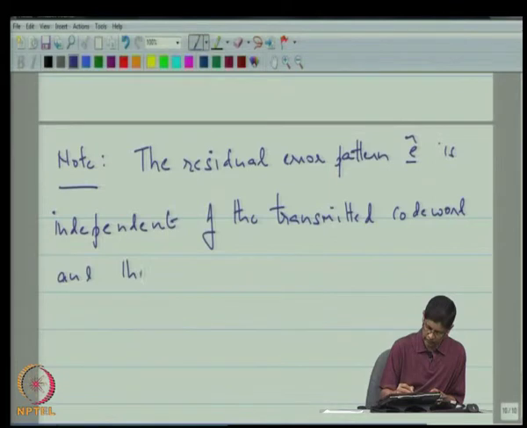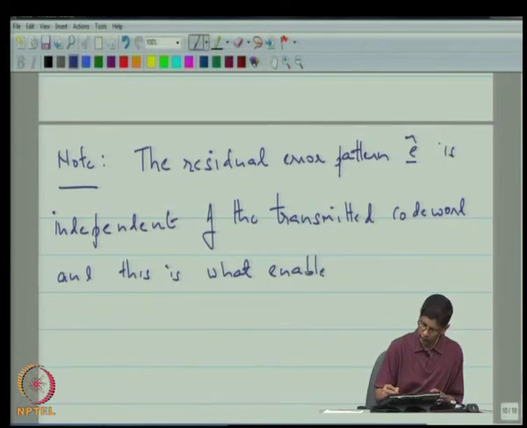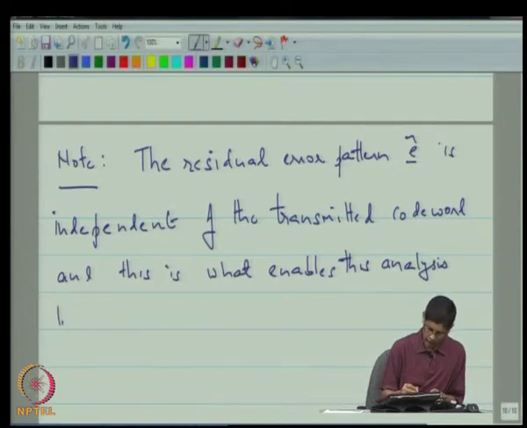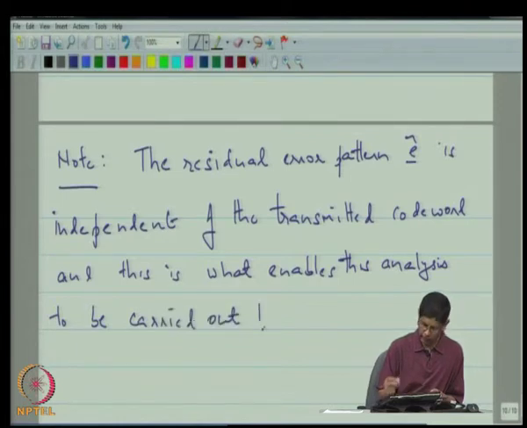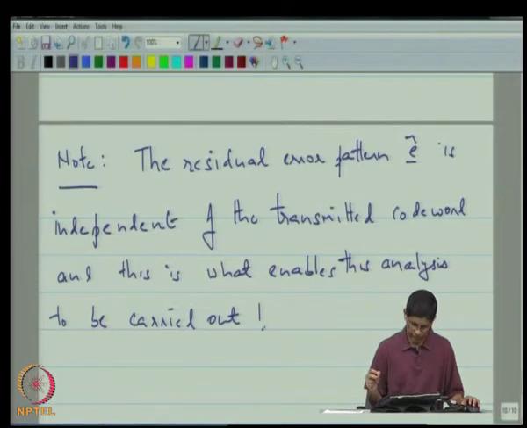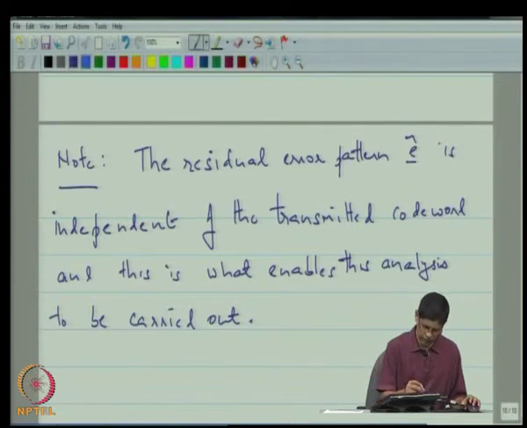And this is what enables this analysis to be carried out. Okay. Perhaps no exclamation mark, it's more a reminder note.